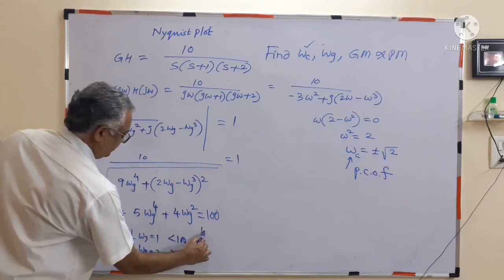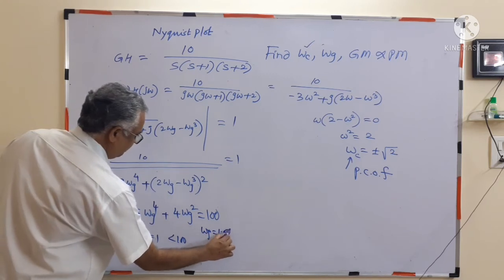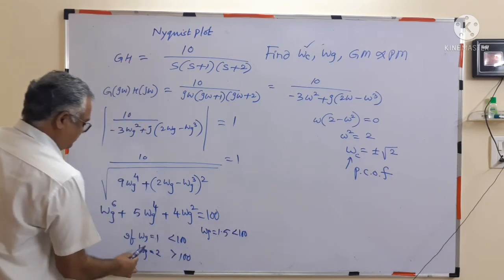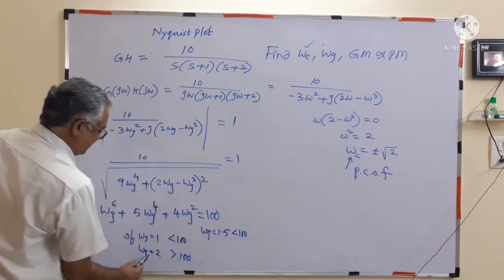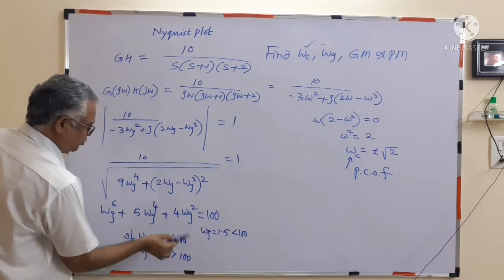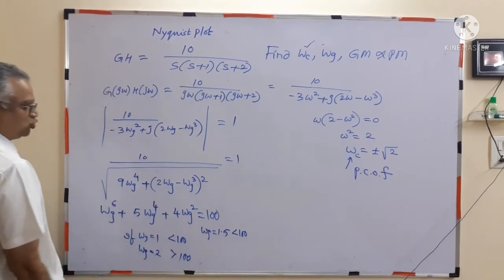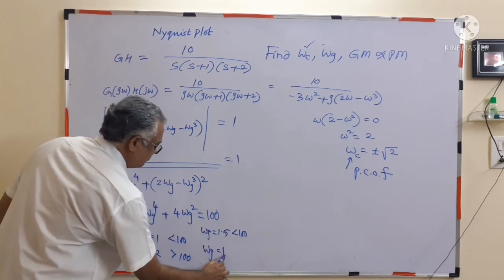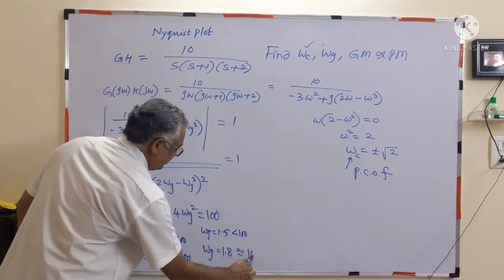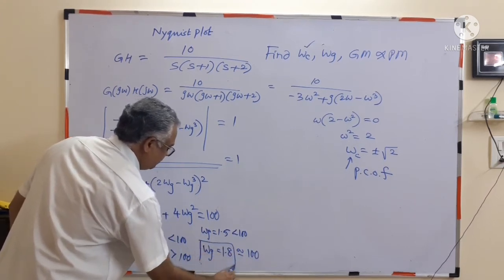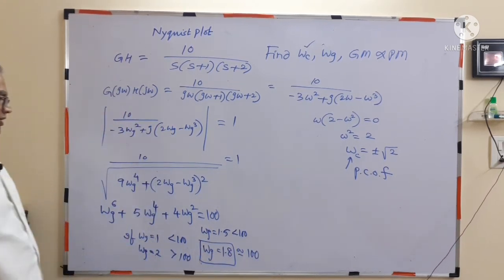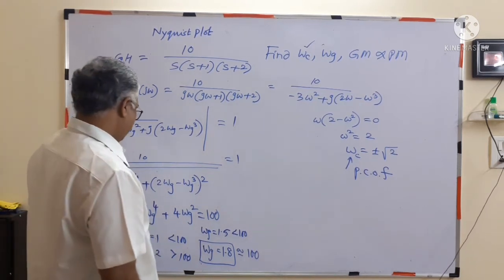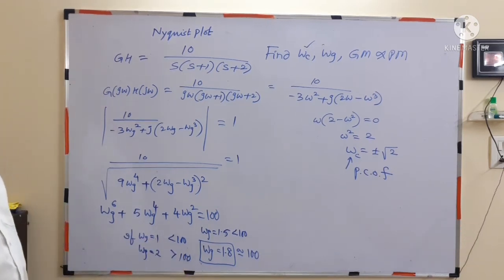At 1.5 you are getting less than 100, but 2 greater than 100, so there is a root between 1.5 and 2. If you take omega g equal to 1.8, it is becoming 100. So omega g is approximately 1.8. That is the root we are finding. So approximation method we have to do.